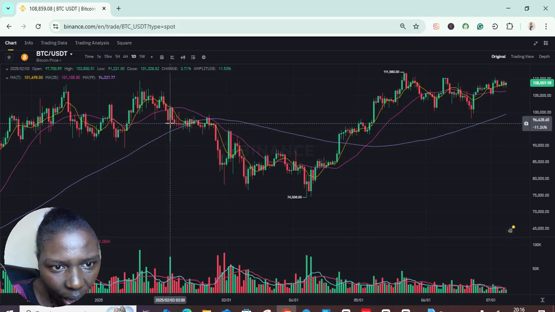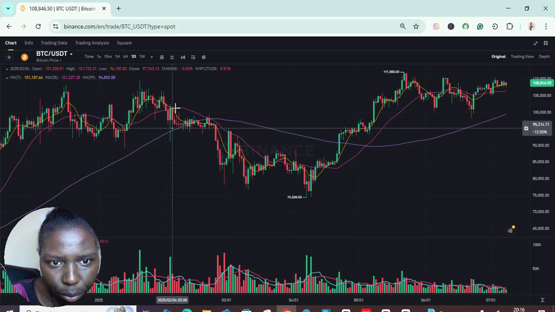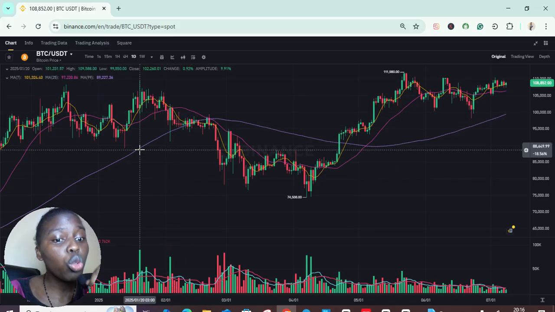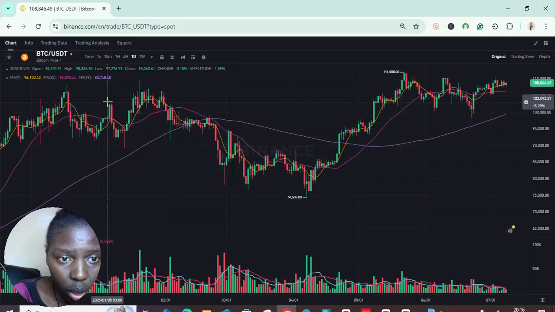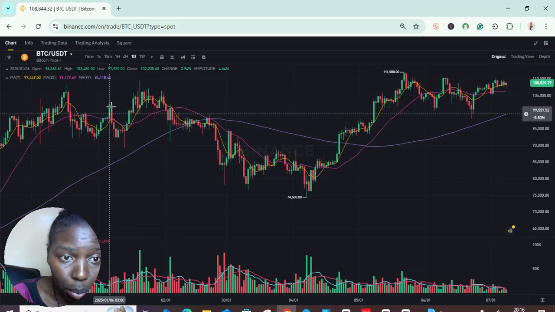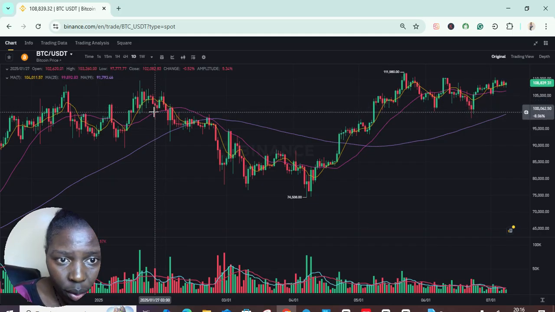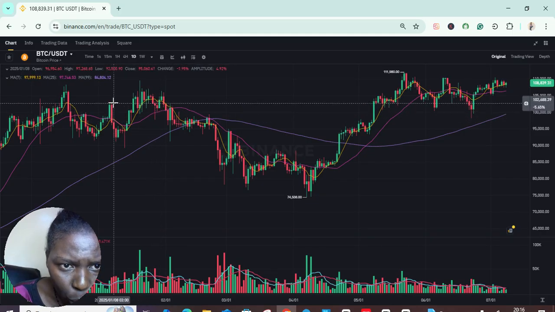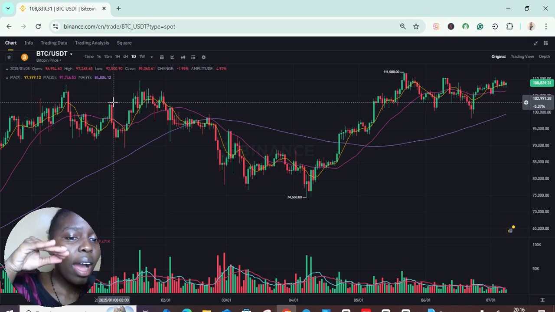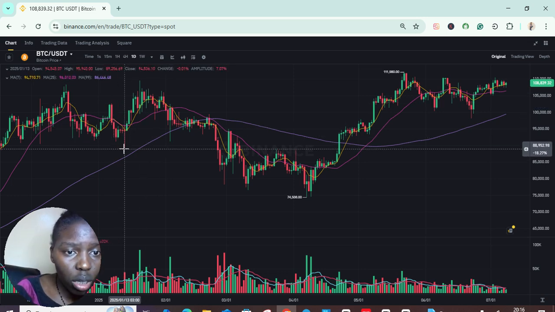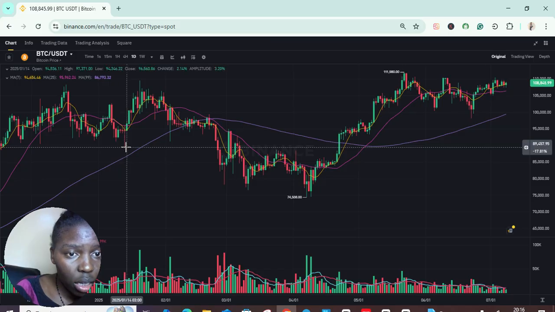You see lines or tails extending from the candlestick, they are called wicks. So this is the candlestick body, and these tails are called wicks. The top of the wick shows how high the price went, and the bottom of the wick shows how low the price went.